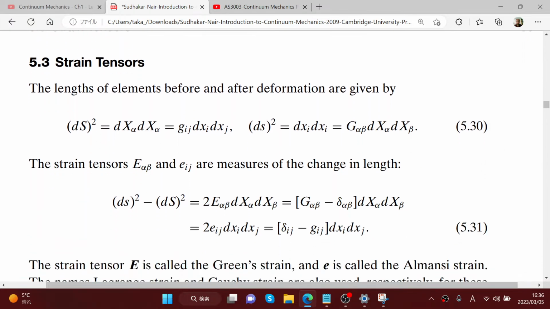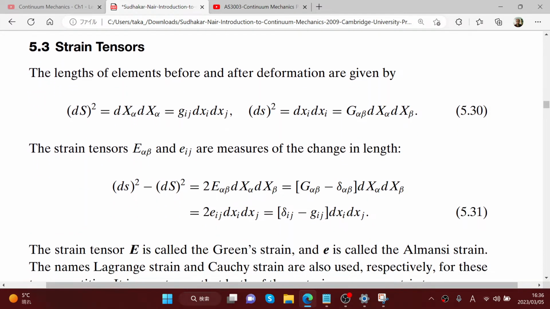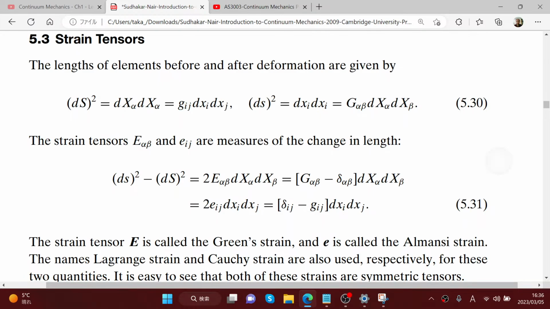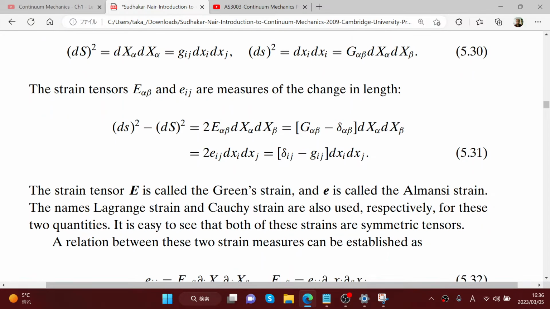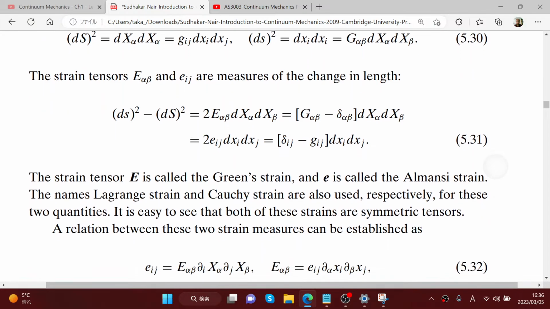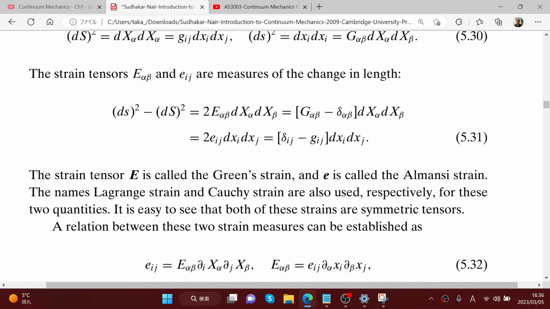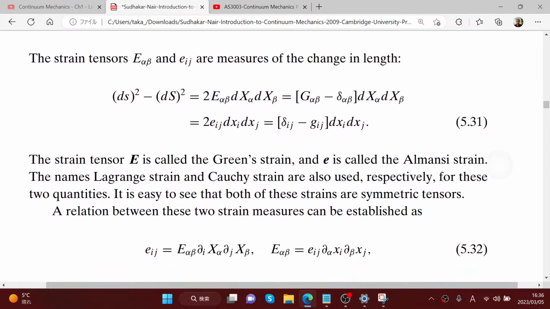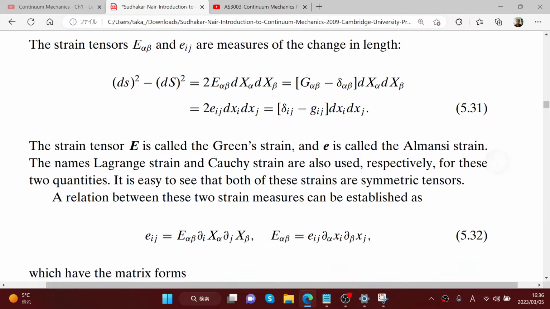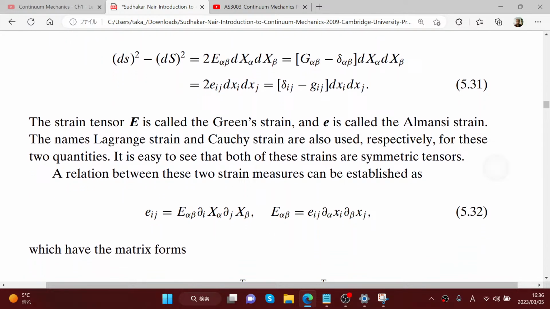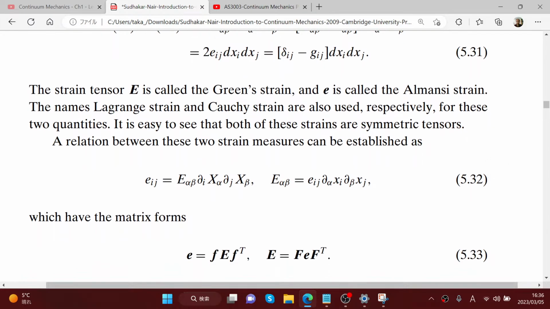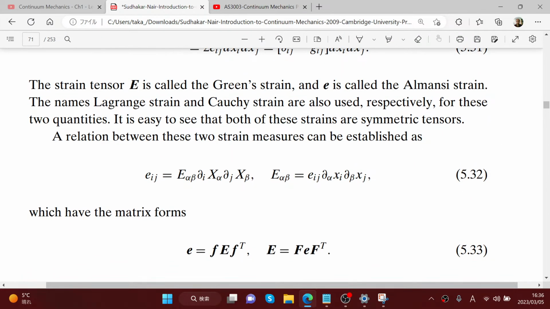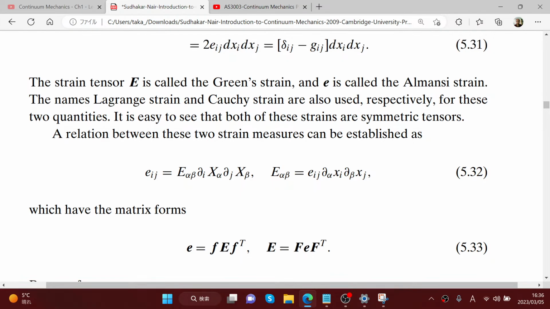Strain tensors. The lengths of elements before and after deformation are given by something like this. Strain tensors E alpha beta and Eij are measures of the change in length. The strain tensor E is called the Green strain and small e is called the Almansi strain.